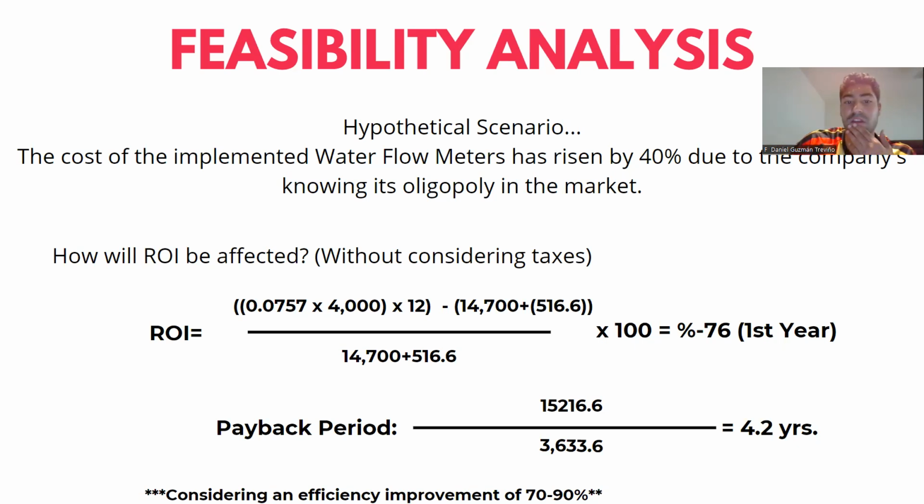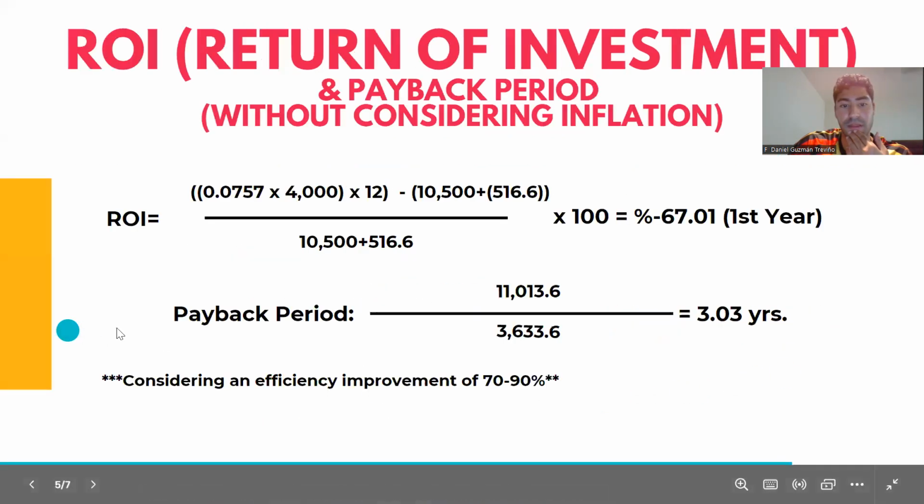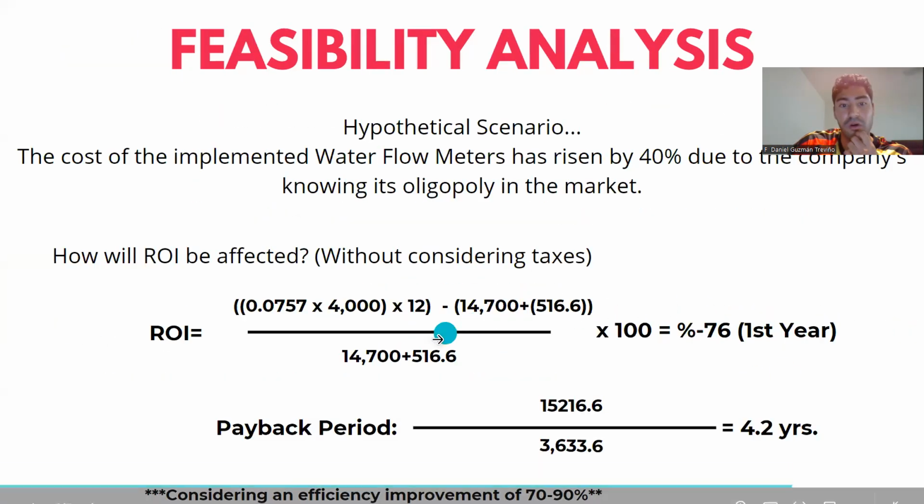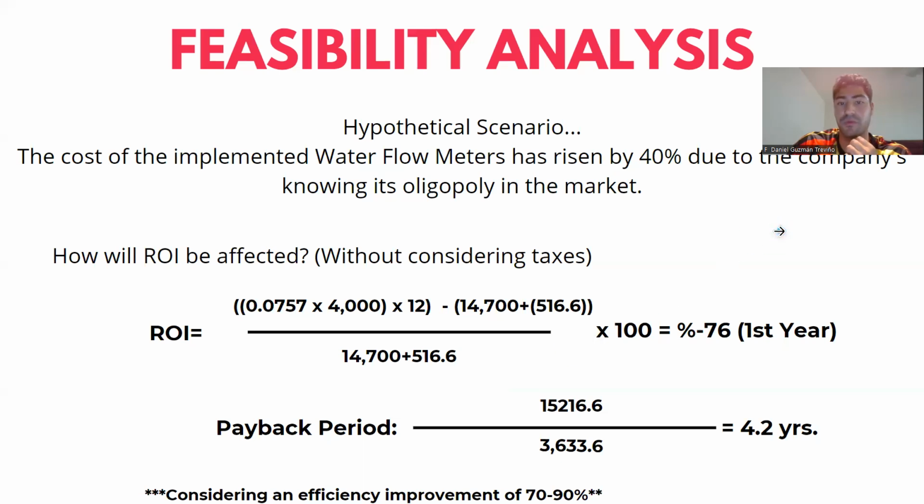So if we change the value of the flow meters from 10,500 to 14,700, which would indicate the 40% increase, it would give us that it would be even less profitable for the first year, and the payback period would increase by more than a year. So it comes to an economic decision for the company whether they want to invest in a project that would take them more than a year more to get back what they invested.